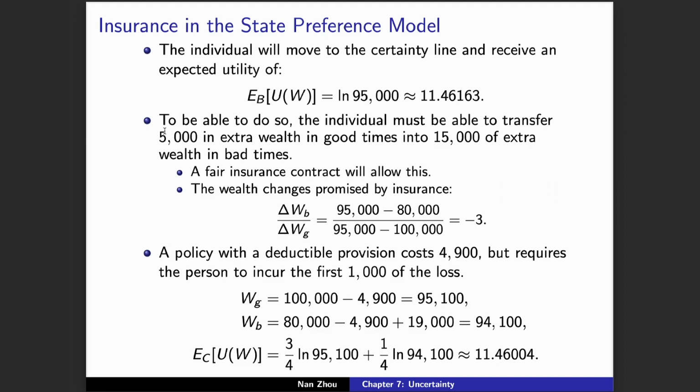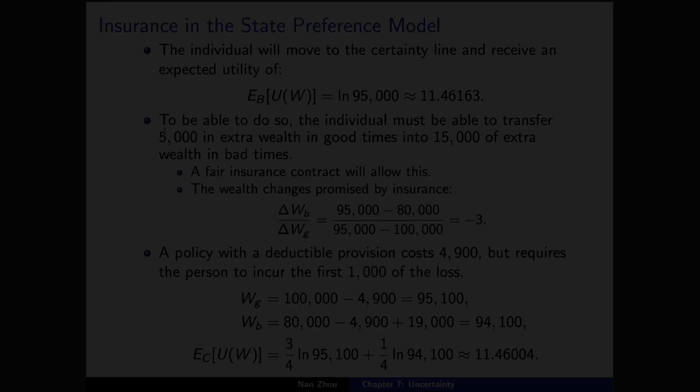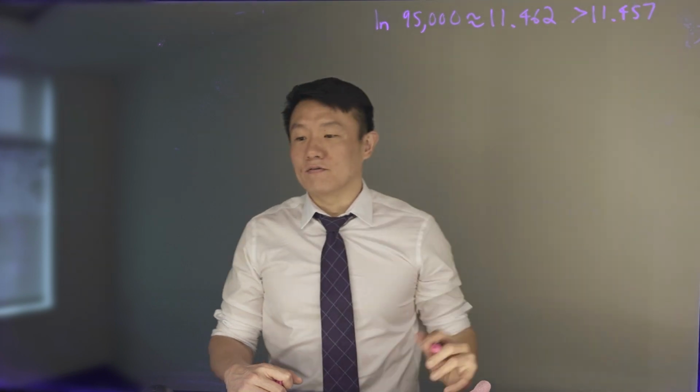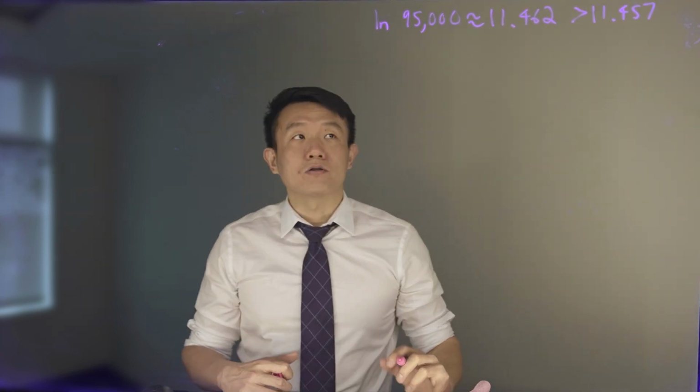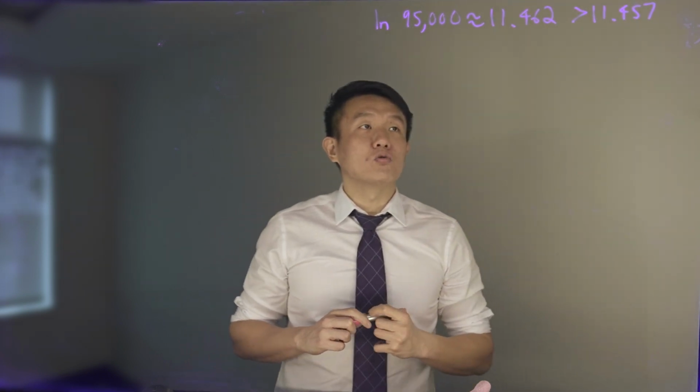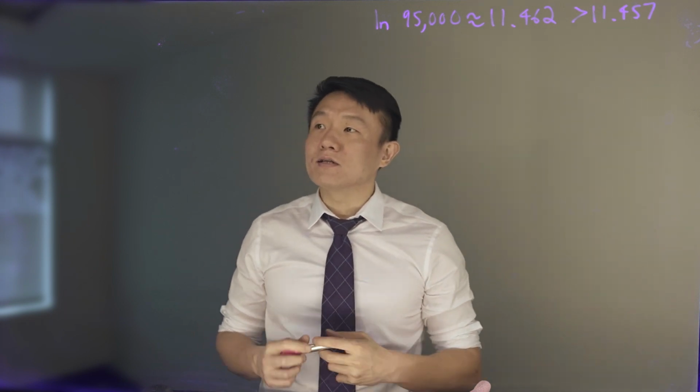The utility of the average wealth of 95,000 is about 11.462, which is higher than the expected utility of no insurance. So individuals will prefer to be on the certainty line if they can.